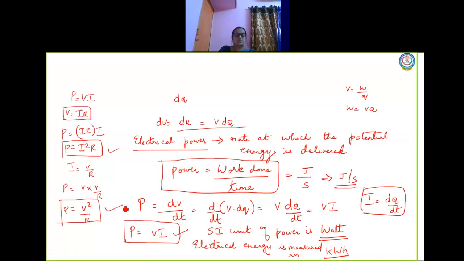Look at the formulas: P is equal to VI, P is equal to I square R, P is equal to V square by R. All these are the formulas for power. Now you will be using these formulas to solve numerical problems. Based on the data given, you can use any of these formulas. Is it clear children?